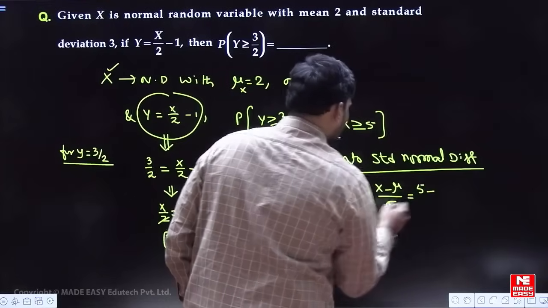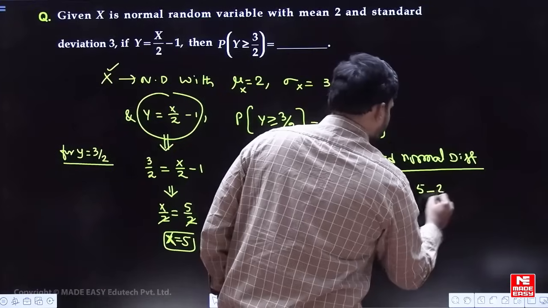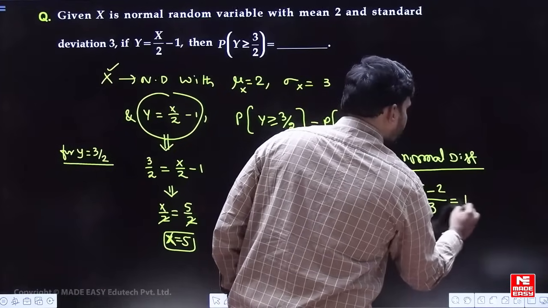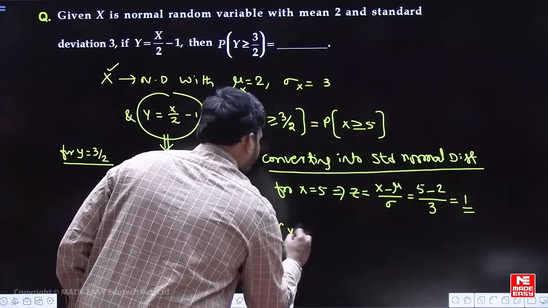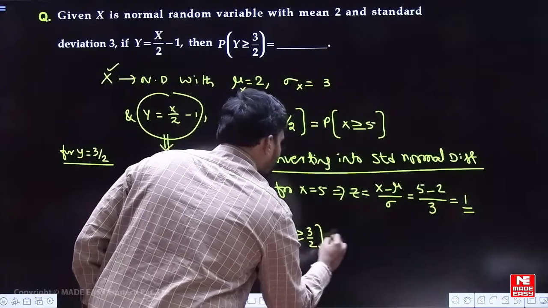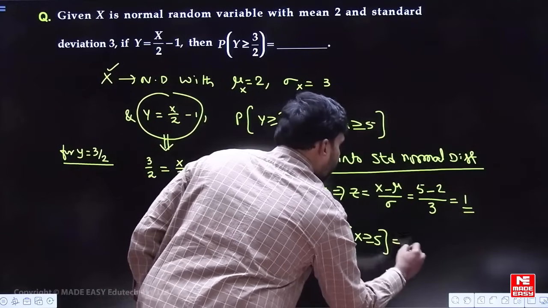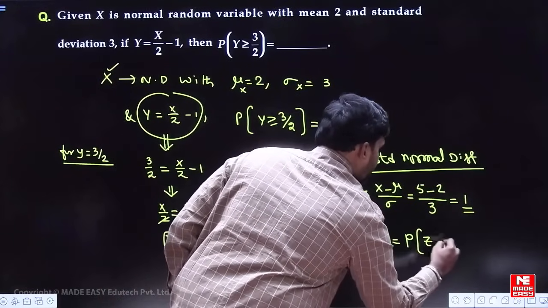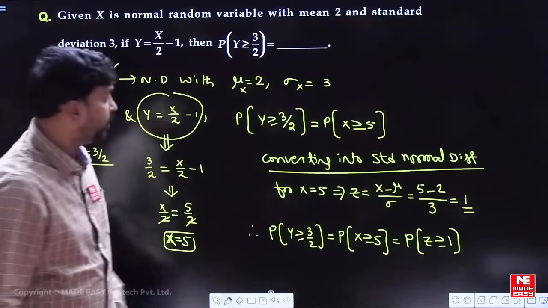So for x equal to 5, z is equal to 5 minus mu, what is mu? 2. So it is 5 minus 2 by 3, and 3 by 3 is 1. Therefore the probability of y greater than or equal to 3 by 2 is given by the probability of x greater than or equal to 5, which is z greater than or equal to 1.